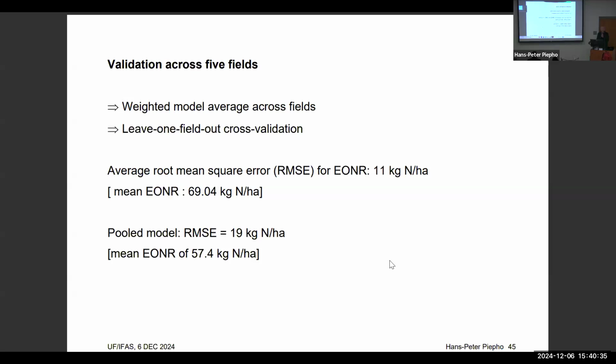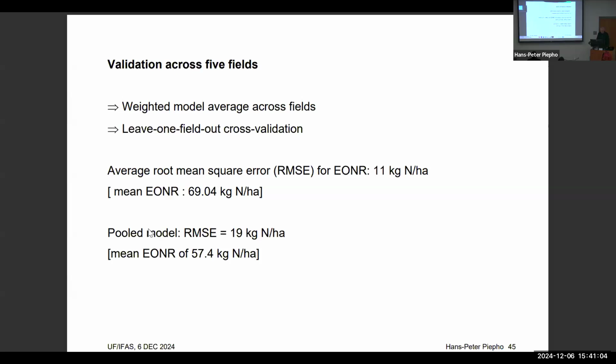But this time we're not modeling different types of model, but the same type of model with different estimates of the parameters, each field specific. And here are some summary results. Our root mean squared error, using a leave-one-field-out cross-validation approach, was 11 kilograms of nitrogen.